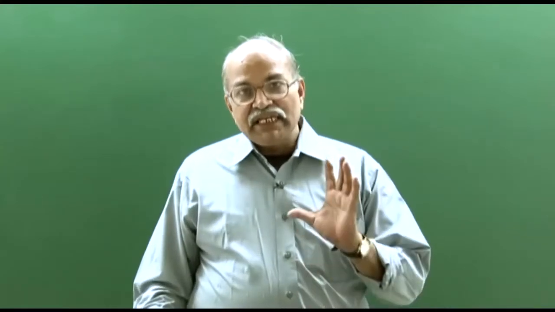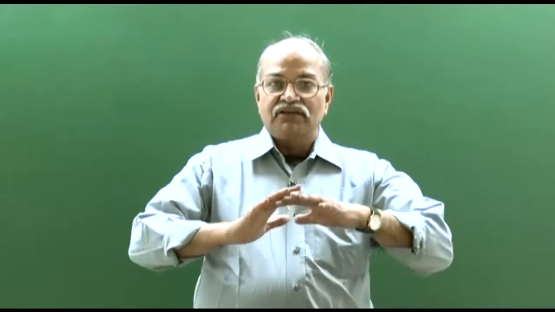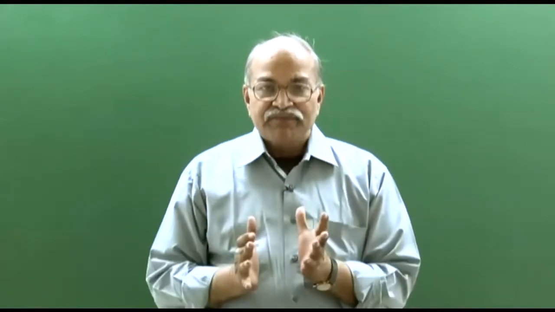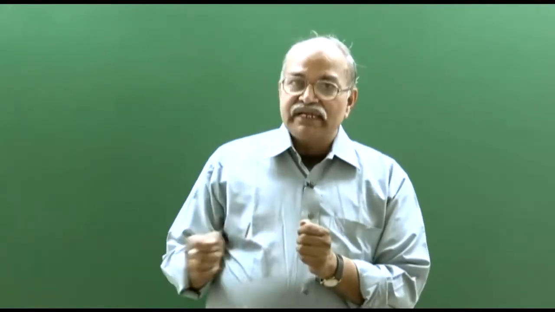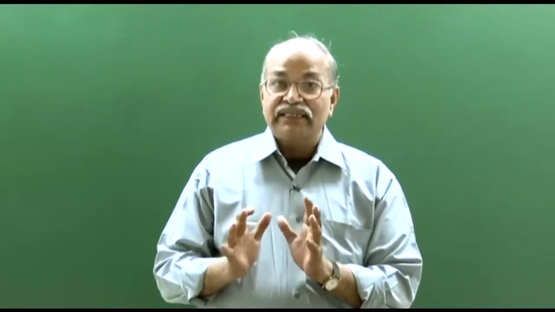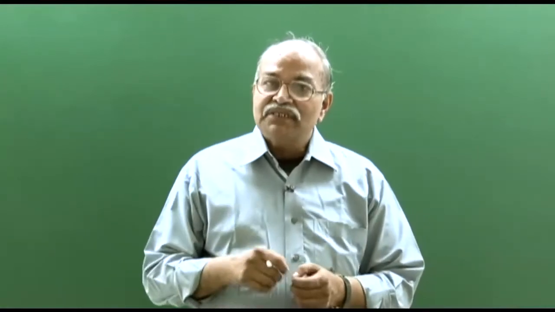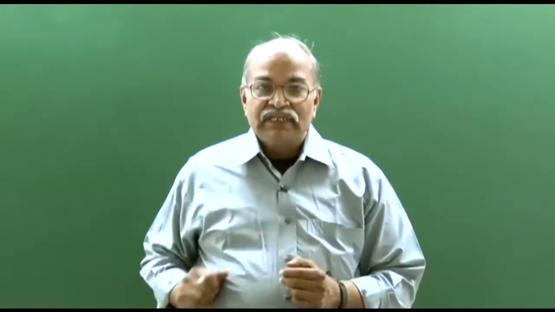So, when I say rotating frame of reference, I have in mind some kind of an object or x, y, z axes which are rigidly connected to each other, and that makes the object, and this whole thing rotates about some axis of rotation.